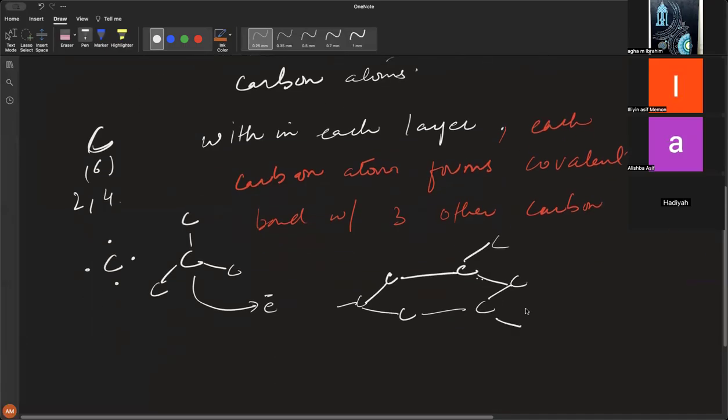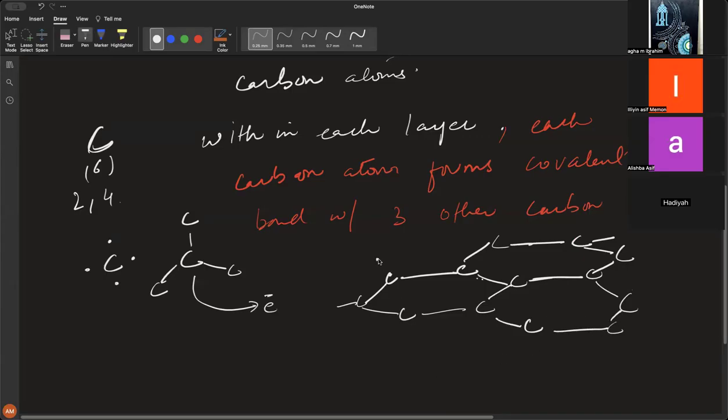You see, can you see this? How are they made? Is this making sense, everyone? This is how these carbons are formed in layers. Okay, in layers.